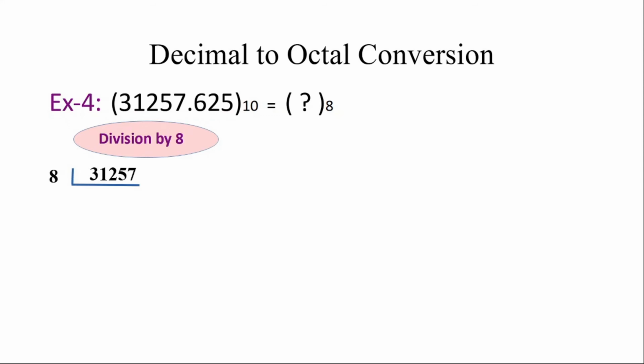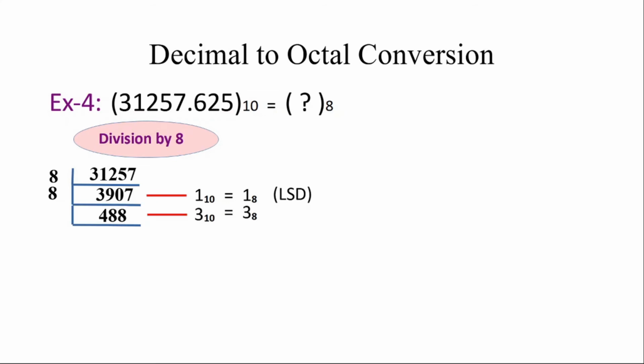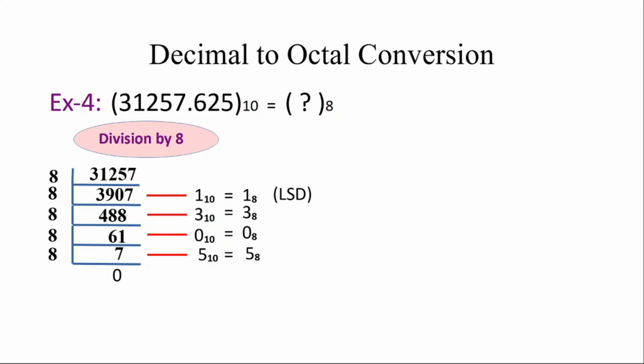If we perform this division operation, then we will get 1 as the LSD, and the next operation is to be continued, and if we perform the division operation, then we will get ultimately 0 as the quotient and 7 will be the remainder.